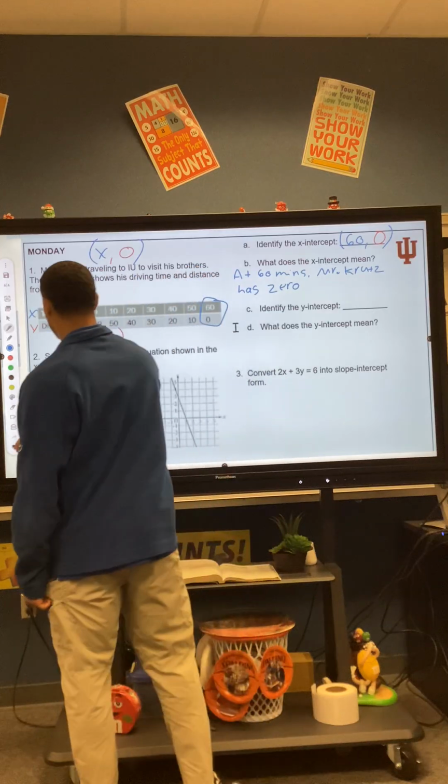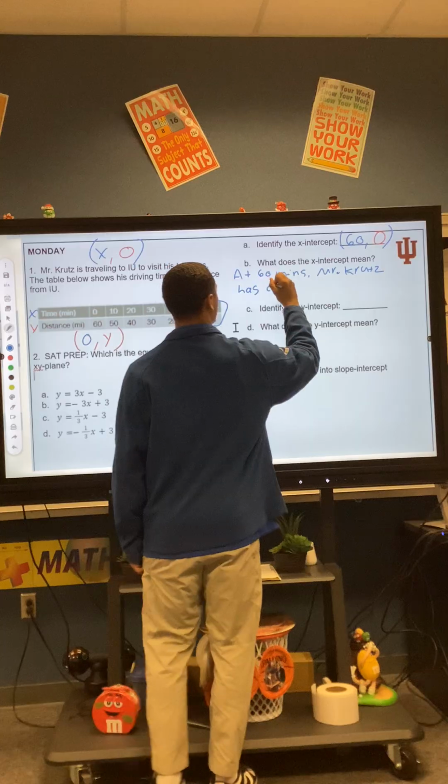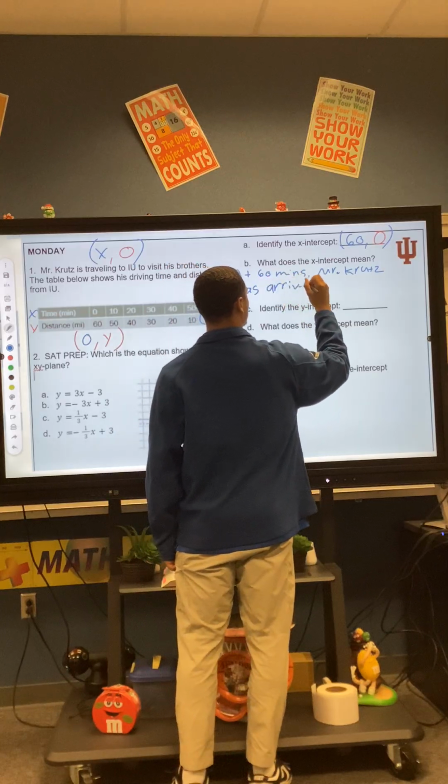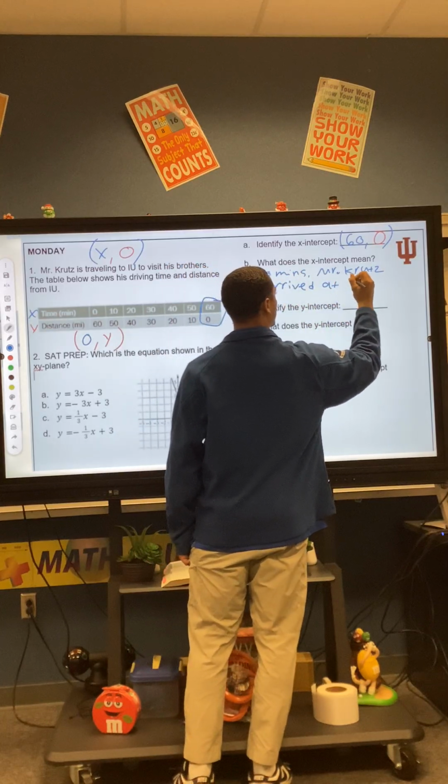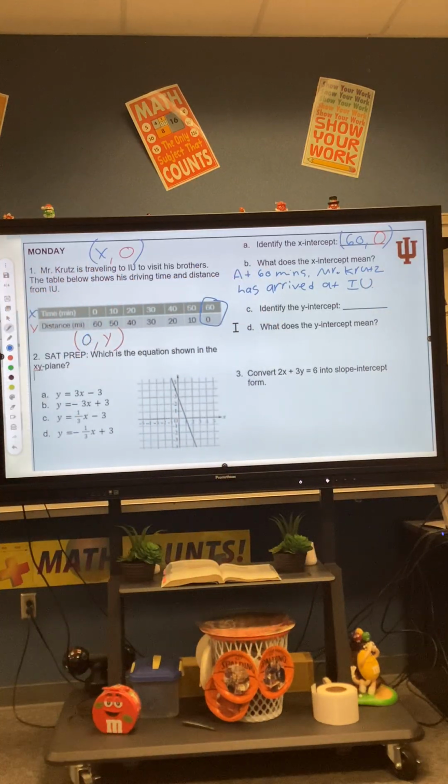Actually, instead of saying that, I'm going to say has arrived at IU. Because if he has zero miles to travel, that just means he's arrived at his destination. So at 60 minutes, theoretically, Mr. Krutz should be at IU. Theoretically.